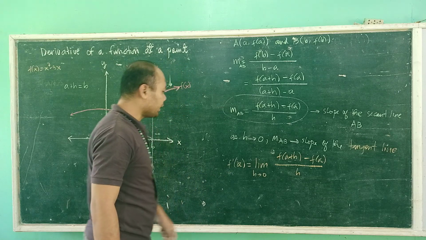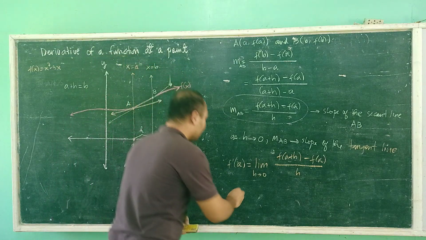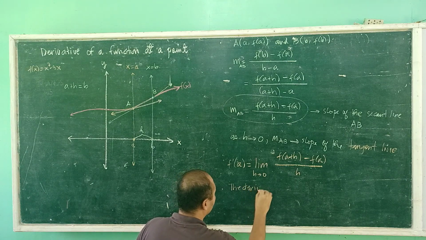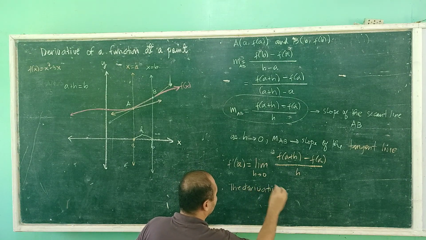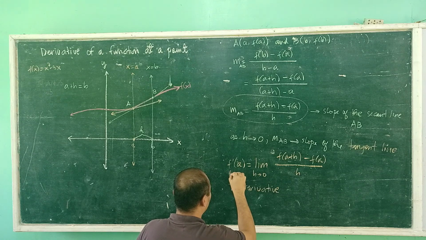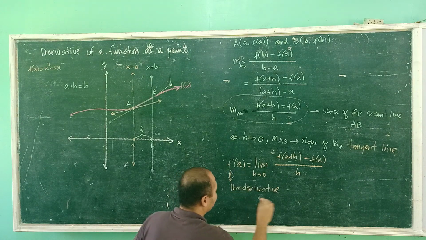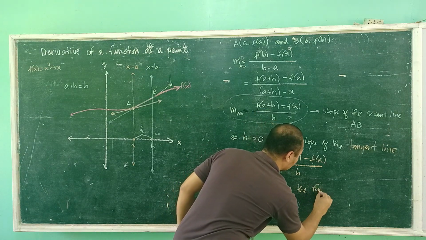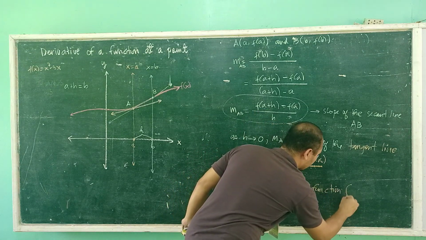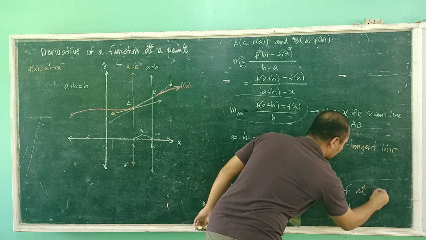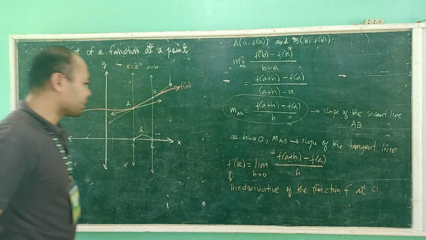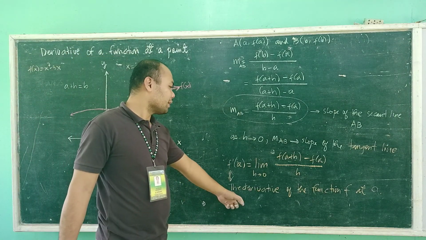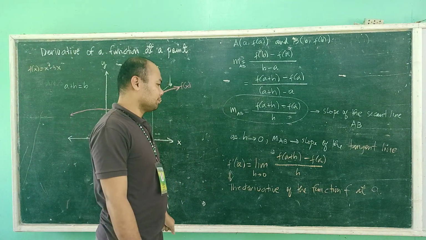And we call it the derivative. This is also called the derivative of the function f at a. So what is the relationship between the slope of the tangent line at a and the derivative of the function at a?